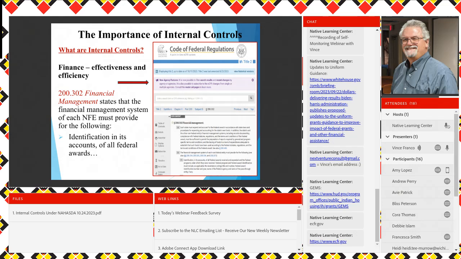Okay, I just wanted to point that out to you so you can see it and know what I'm talking about, because I go to it all the time. I have it downloaded, I have it printed, and I would strongly suggest that you do it. That is one document, the 2 CFR Part 200, from beginning to end, that you should become familiar with.